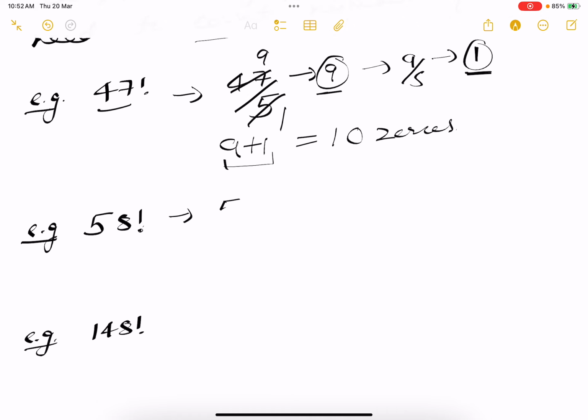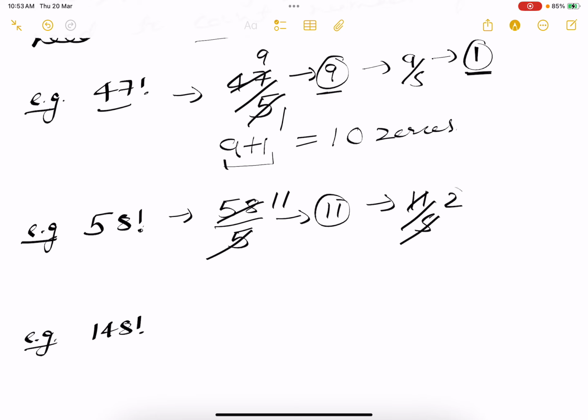We'll divide 58 by 5. The quotient here would be 11, isn't it? And 3 would be the remainder. So here 11 is the quotient. Now 11 is again divisible by 5. Here the quotient would be 2. So we'll add the quotients, 11 plus 2, which gives 13. So 13 zeros.